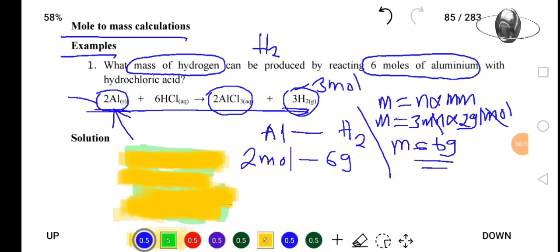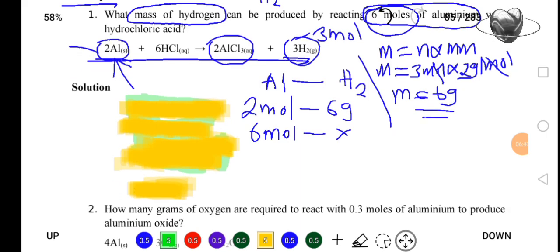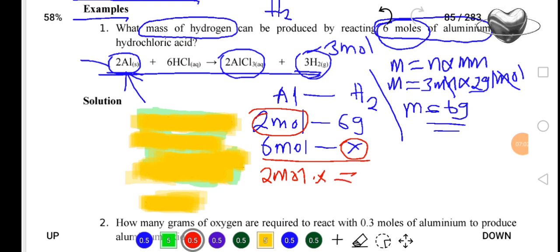What if we use 6 moles of aluminium? We are going to say X. So we are going to say X times 2 moles equals 6 grams times 6 moles, so we are going to have 36 mole grams.